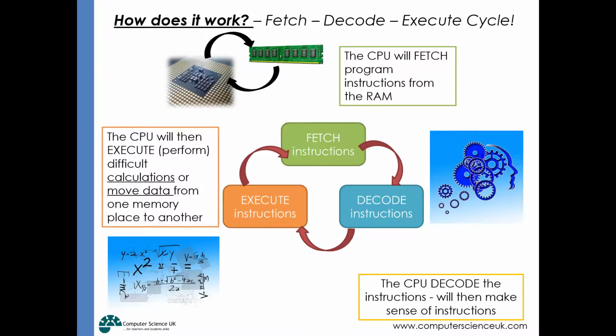So it's going to perform the calculations, or it might move data from one place to another. But it's actually going to carry out that instruction. So CPUs carry out the fetch, decode, execute cycle, where it fetches an instruction, it decodes it, makes sense of it, and it executes it. And then it will do the cycle again, and again, and again, and it will do it exceptionally fast.